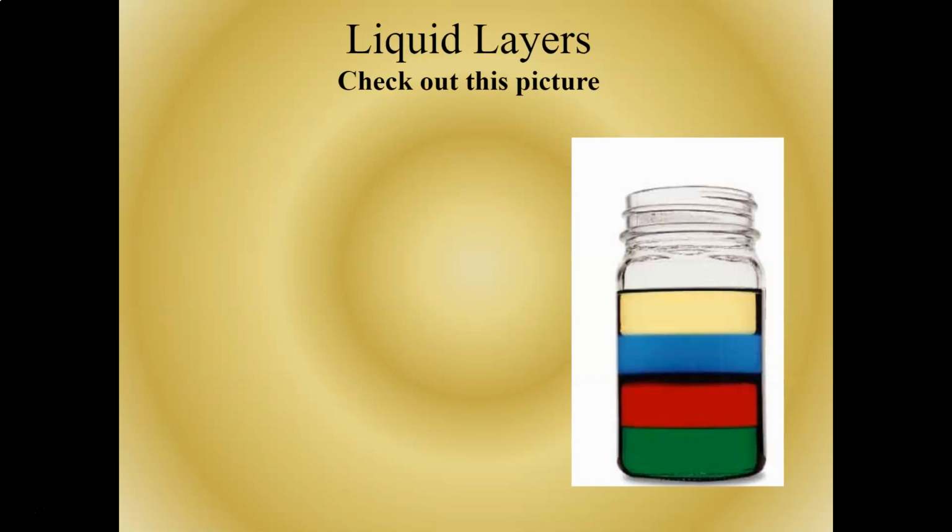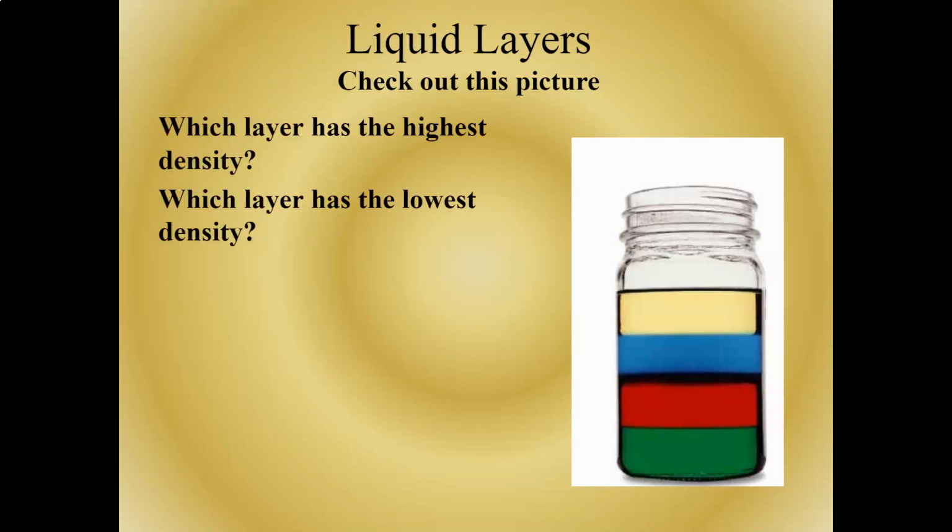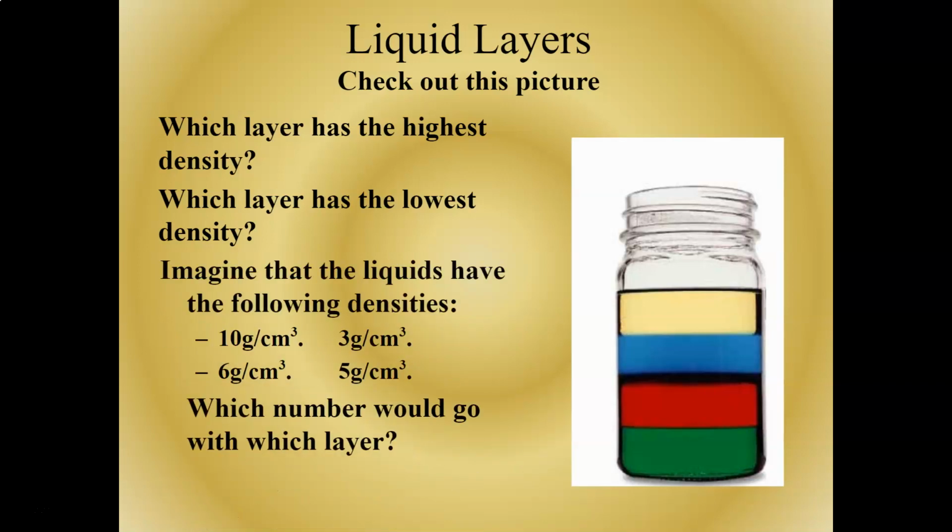And of course, that is going to be dependent on a couple of factors. If thinking about liquids, this mason jar would be representing our liquids density column. Which of these liquids would be the highest and which would be the lowest? Based on what we just talked about, the most dense sinks or would be towards the bottom, and the least dense would be at the top. If you were given the densities of the various liquids within this density column, you could then figure out the density of each liquid and arrange them to represent that.